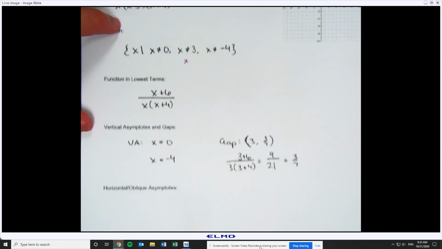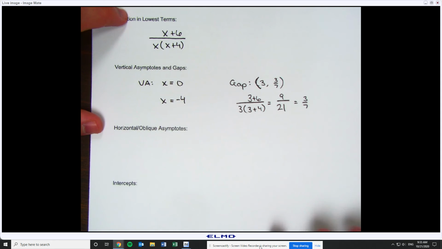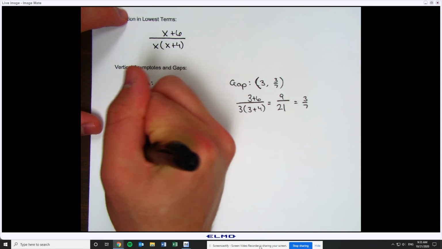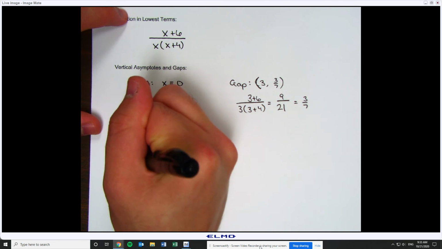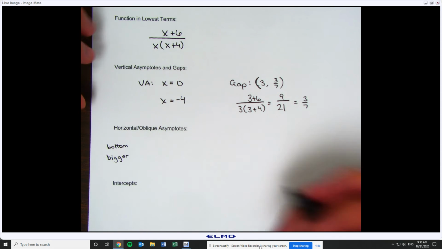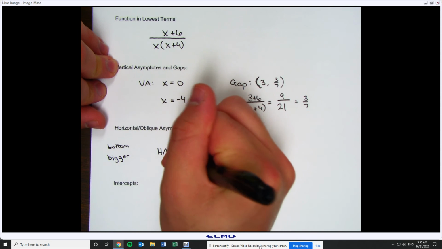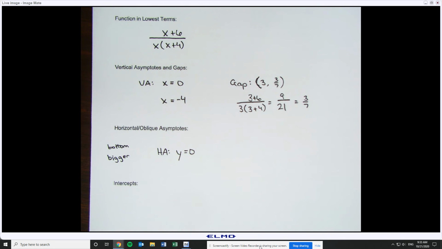Now, as far as the oblique and vertical asymptotes go, I see that the bottom is bigger because my degree on top is 2 and my degree on bottom is 3. So in that case, I know that I get y equals 0. All done.